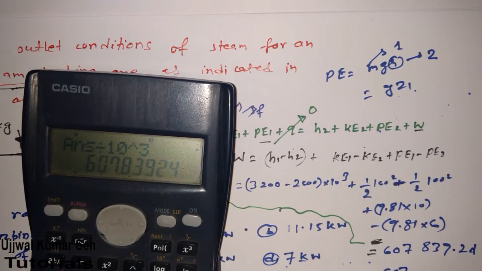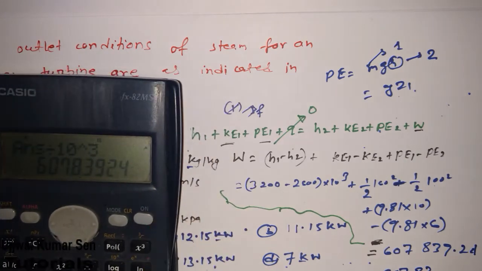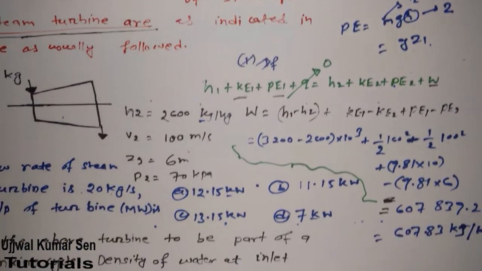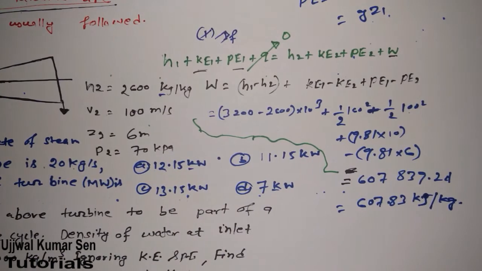The value we get is 607,839 plus 24. But we have to find it in kilo, so I divide by 10 to the power 3. The value we get is 607.83, and that is definitely kilojoule per kg. So W is basically in kilojoule per kg.